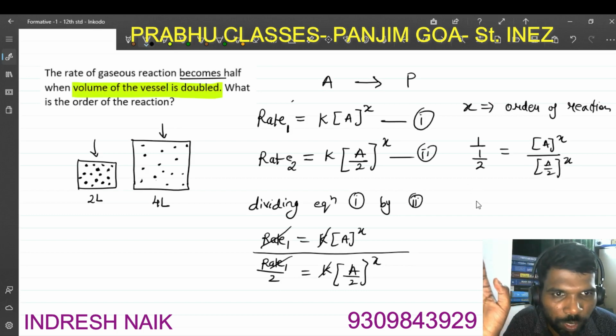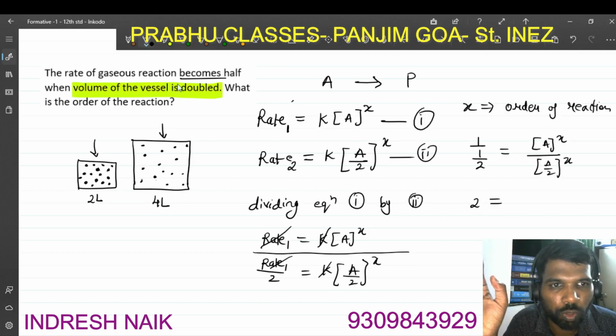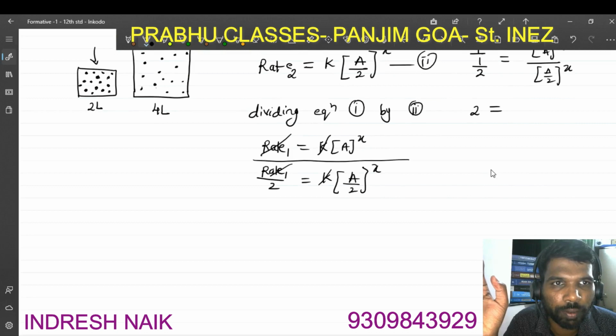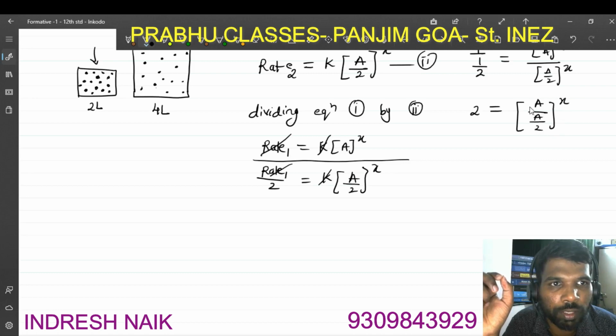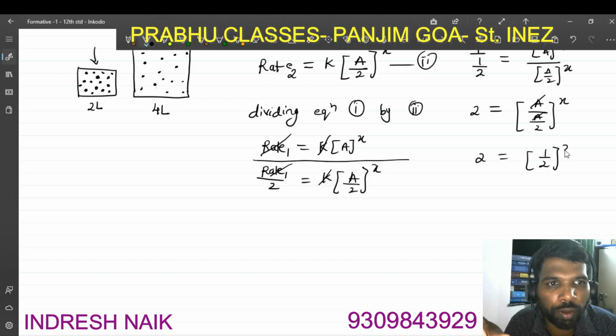So this could be written as 2, and since the powers are same, this further could be written as A divided by A by 2, raised to x. So this A and this A will get cancelled. What remains is 2 is equal to 1 by 2 raised to 1 by 1 by 2.